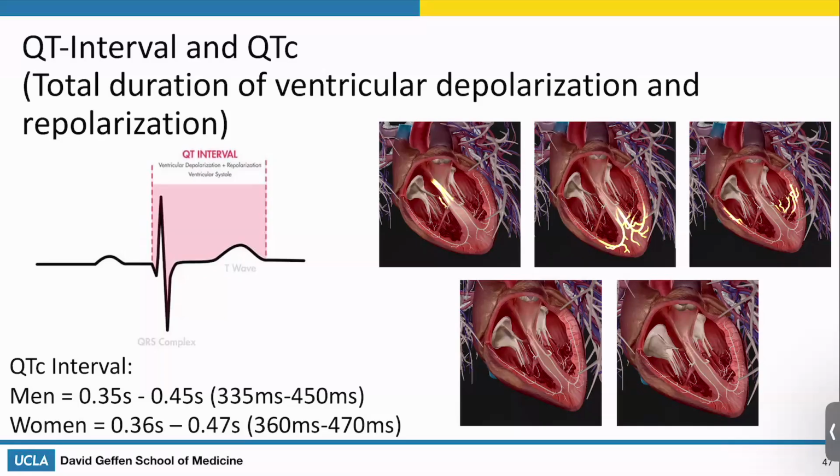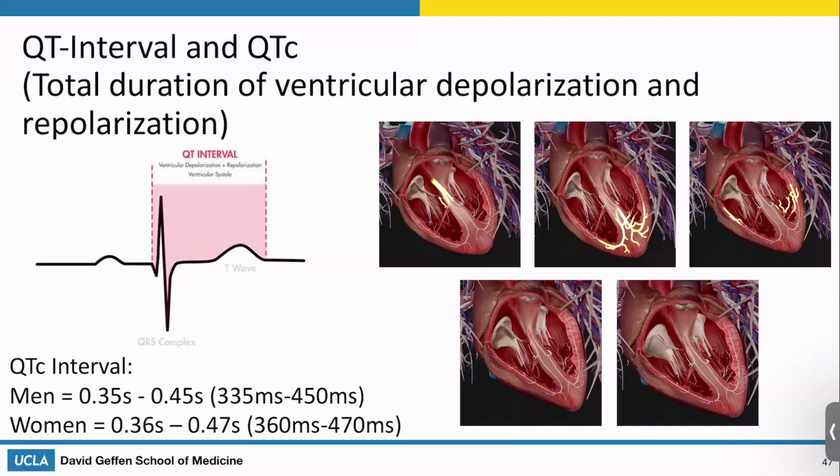So the QT interval is going to be, again, the depolarization to repolarization, and we can measure it on the EKG machine, or there's what's called the corrected QTC. So what this means is it corrects the number or the range that is normal based on two things: the rate of conduction, so the amount of complexes, your heart rate basically, and your sex.